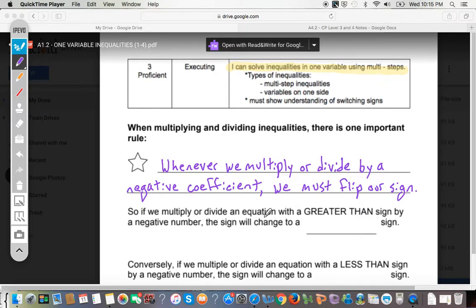So if we multiply or divide an equation with a greater than sign by a negative number, the sign will change to a less than sign. So I'm literally just switching the direction of the sign. Pause the video if you need more time.